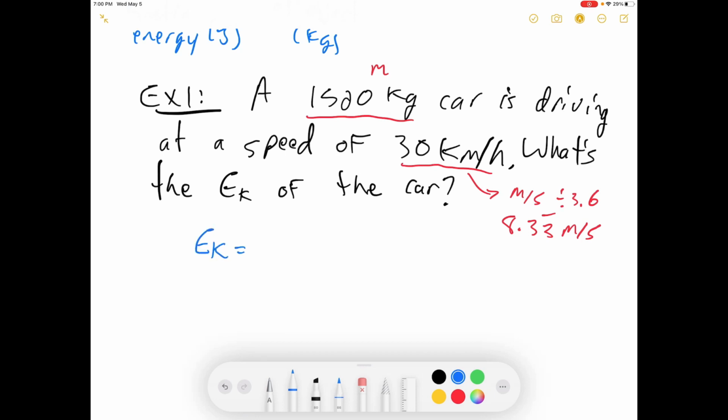We're just going to plug it into the formula. Our EK is going to be equal to half mv squared, which is equal to half. And for m, we're going to write 1520. The v is going to be 8.3 squared. And so when we plug this into our calculator, and don't forget to put that in brackets, please, because if you don't put it in brackets, you get some weird numbers.